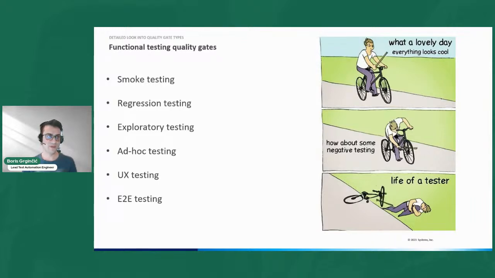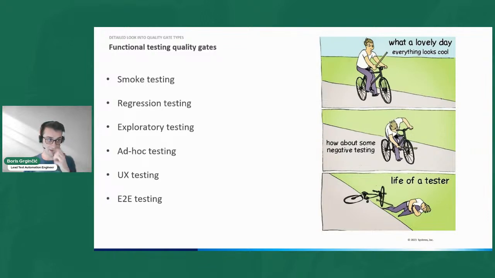And speaking about smoke testing and regression testing, of course you want to automate it, but I guess in some contexts it's hard, it's not possible, you're not there yet. So maybe a manual approach is indeed the only option.